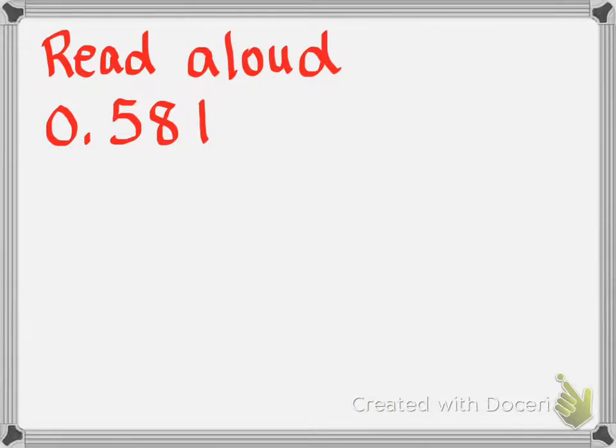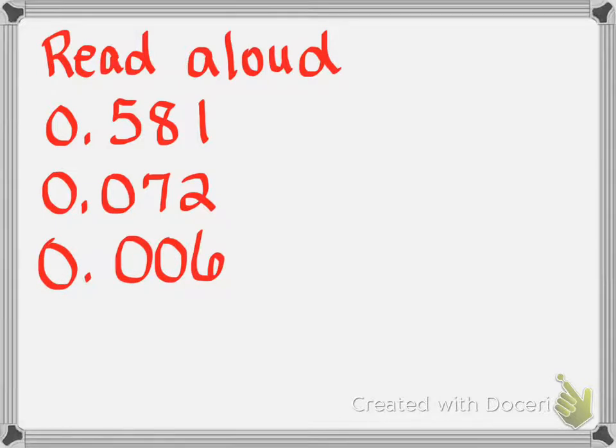So I want you to read aloud this decimal. Did you say 0 and 581 thousandths? If you did, that would be correct. What about this one? 0 and 72 thousandths.